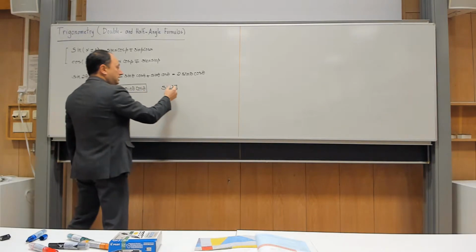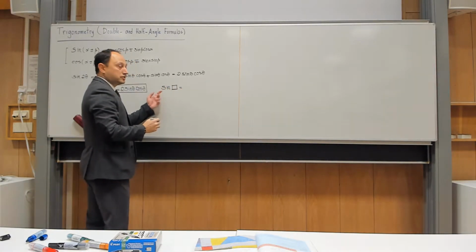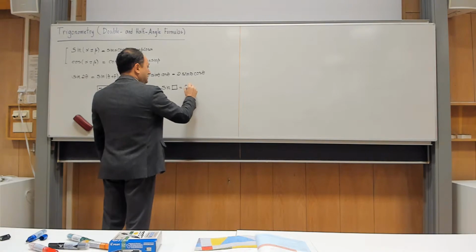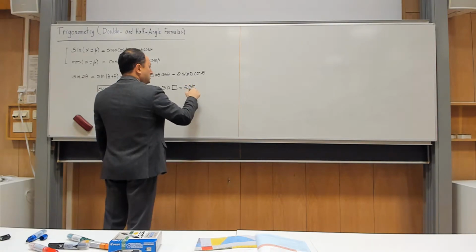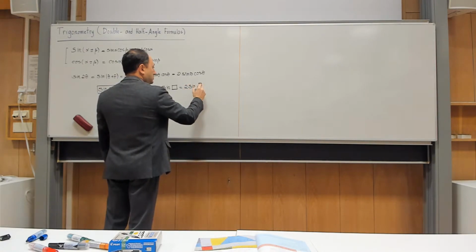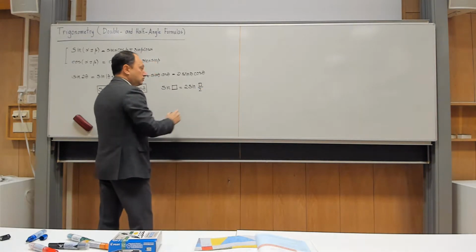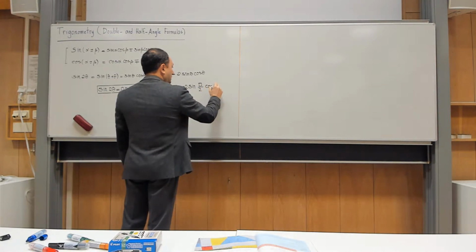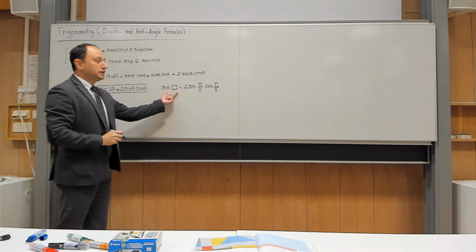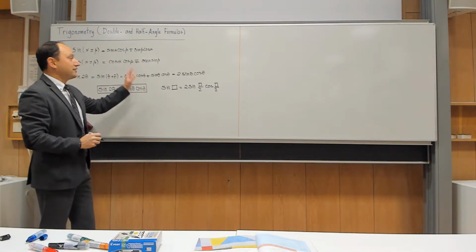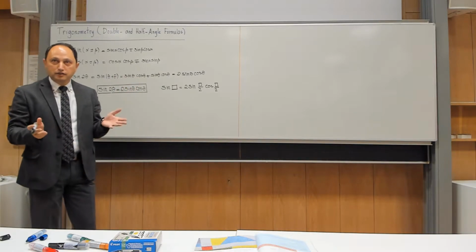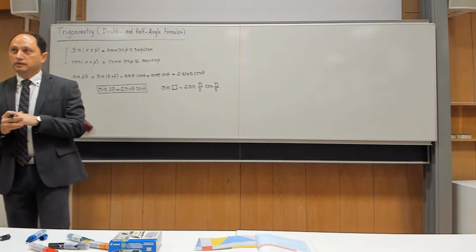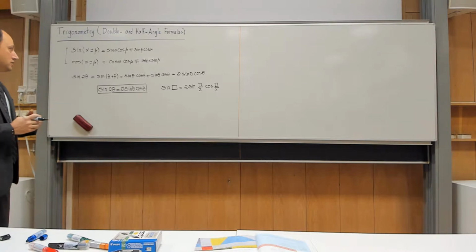So if I give you sine of any box, this is 2 times sine of what is inside the box divided by 2, multiplied by cosine of the box divided by 2. The book refers to this as the half angle formula, but they are not different formulas. Is that understandable? They are actually the same formulas.